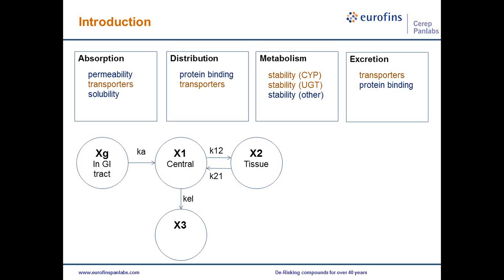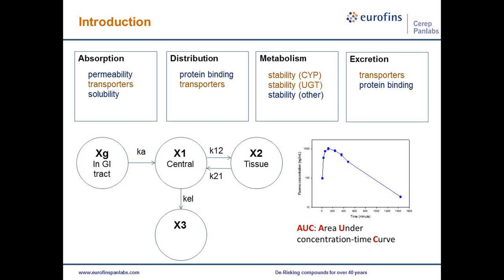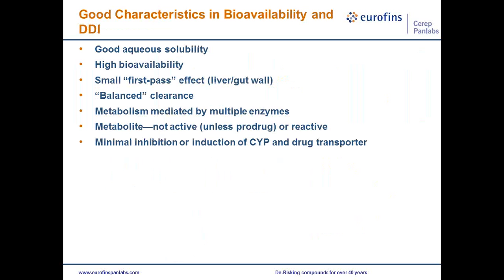The results of these assays may be able to predict in vivo PK outcome if experiments are designed correctly, and help you to understand whether any changes in these ADME steps will alter important PK parameters such as AUC. These are the good ADME characteristics an ideal drug should have.